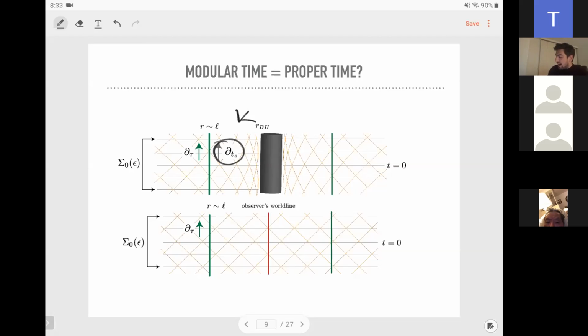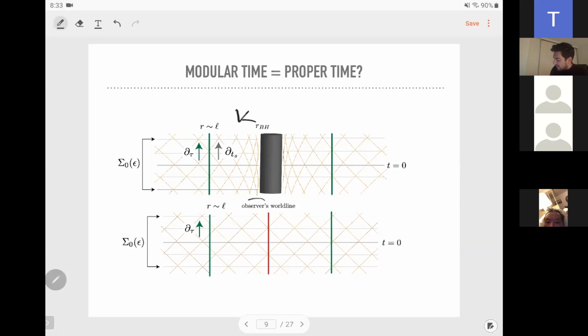Now, the reason why this local Schwarzschild time should be associated to the proper time of the observer is because the Schwarzschild time actually does map to the proper time of the ideal observer in the following sense. Imagine for the time being that I didn't have the black hole in my spacetime.